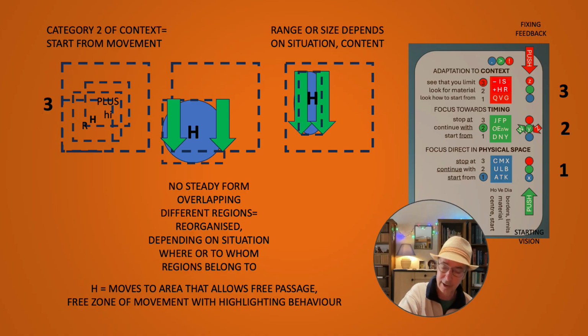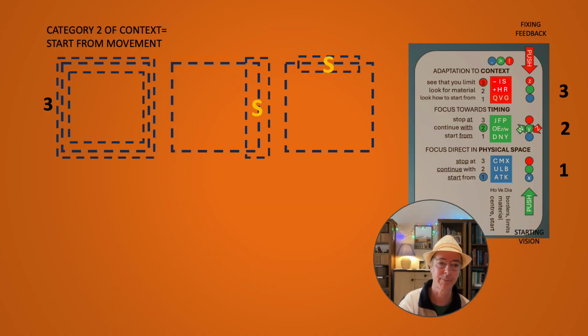I can explain them in different ways, but I think you have the sense. So you have that area in which the material can be freely circulating, because it has that confinement in which the place is defined, in which all the material can have its own highlighting behavior.